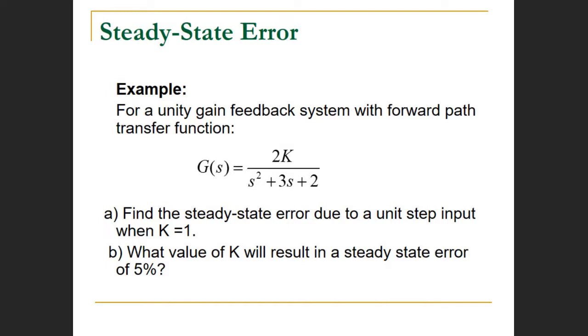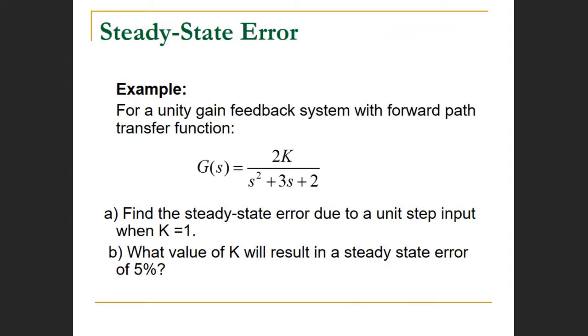All right. Now we're going to look at an example. We're saying here for a unity gain feedback system with forward path transfer function given as such, find the steady state error due to a unit step input when k is equal to 1. Now, the other part of the question says what value of k will result in a steady state error of 5%.